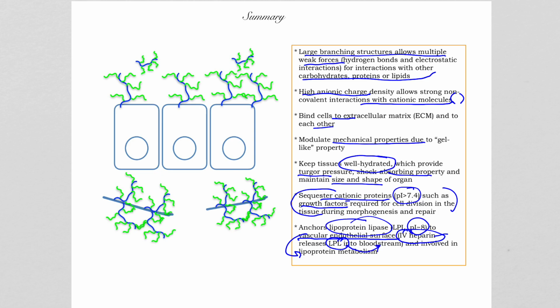Okay, so it's kind of interesting. Here you have an endothelial cell, and your LPL is stuck to the endothelial cell. The proteoglycan here is negatively charged, the LPL is positively charged, but when you give heparin, which is highly negative in charge, that heparin kicks out the LPL, and the lipoprotein lipase gets out into the bloodstream.